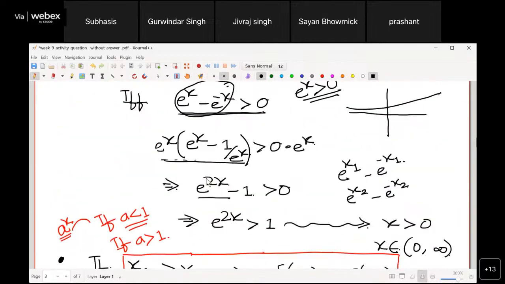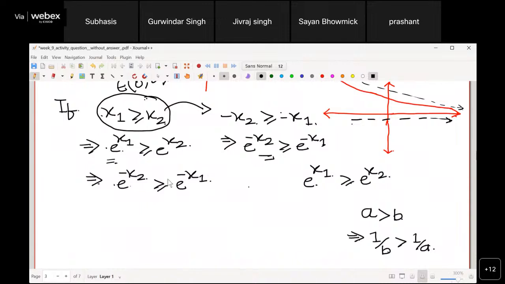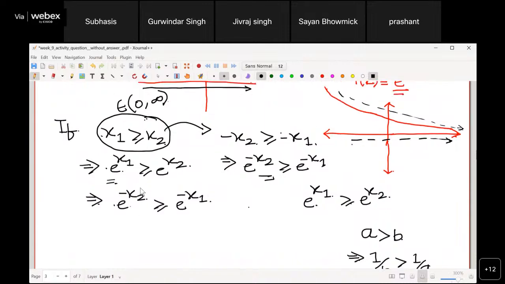So now I have e power minus x and e power minus x1.